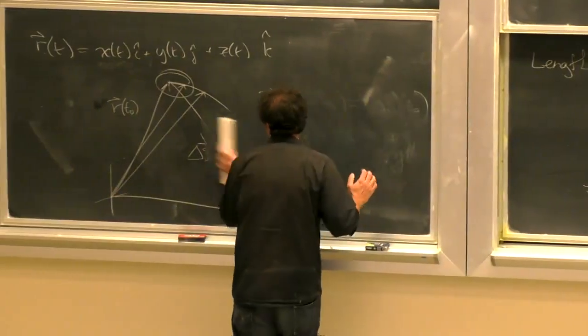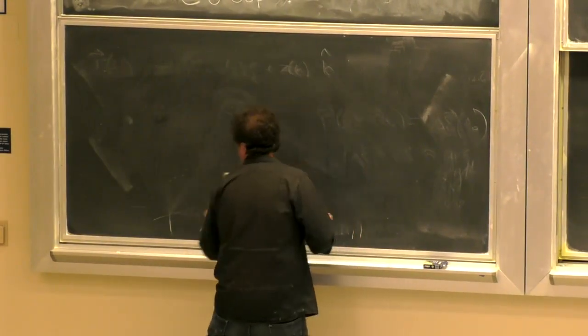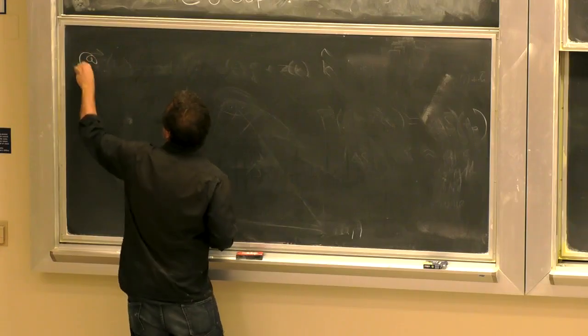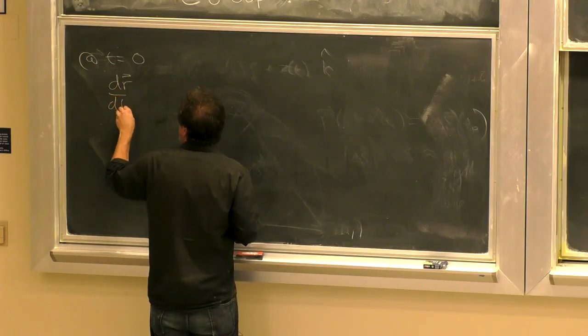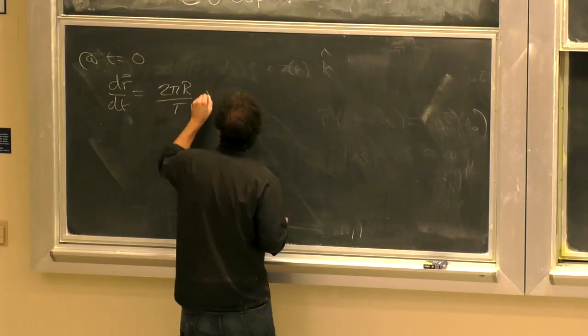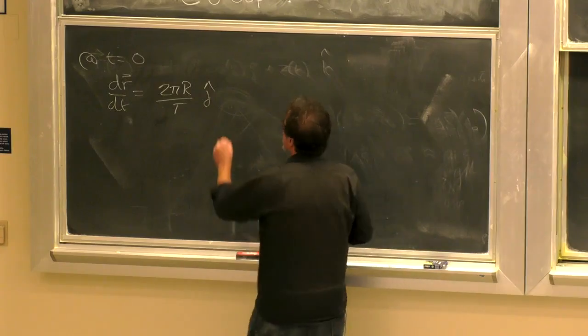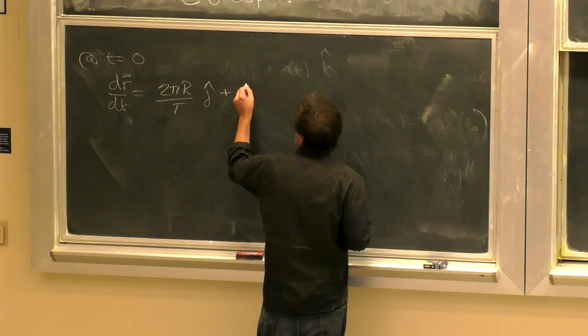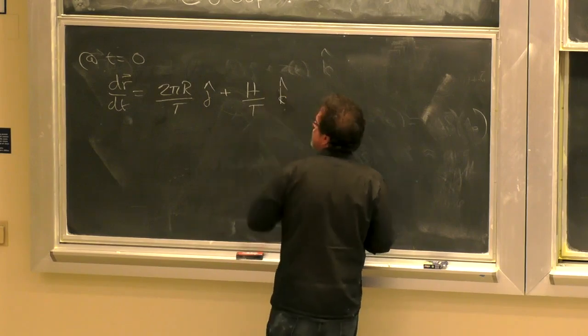Let's write it out. At t equals 0, dr/dt is equal to 2 pi r over capital T times j hat, that's the j hat term, plus h over capital T k hat. That's the k hat term.